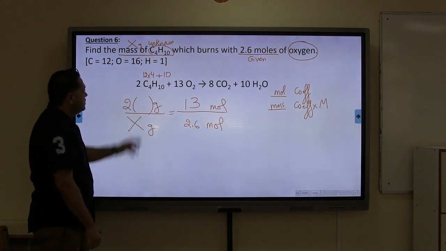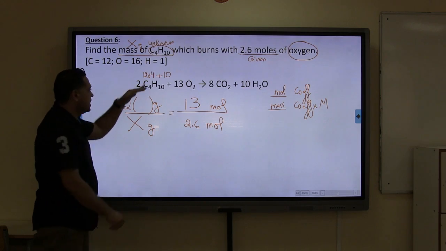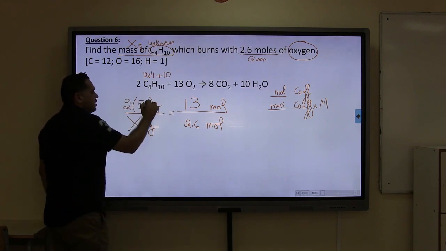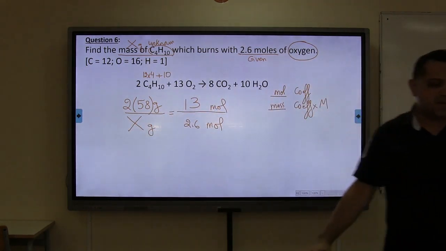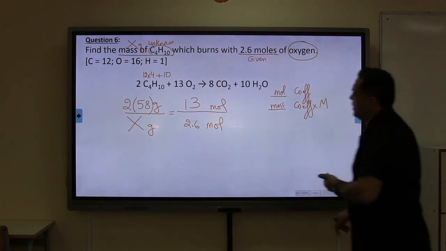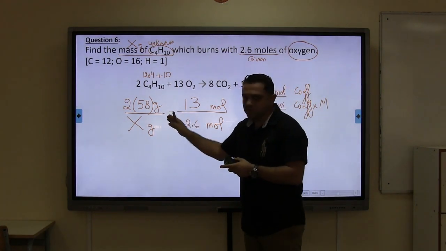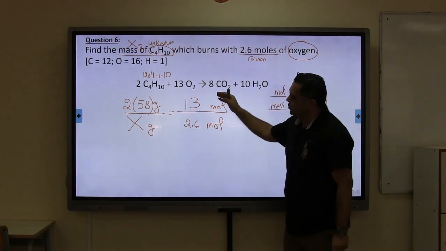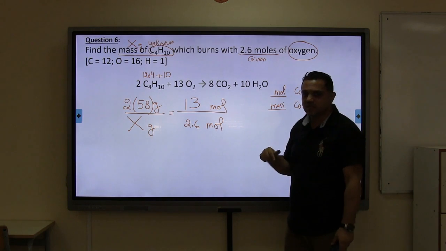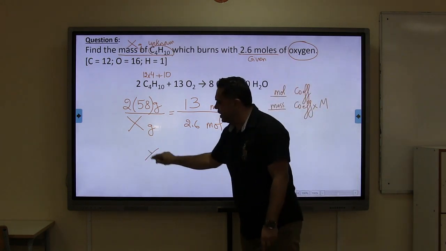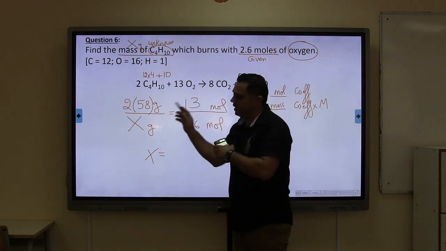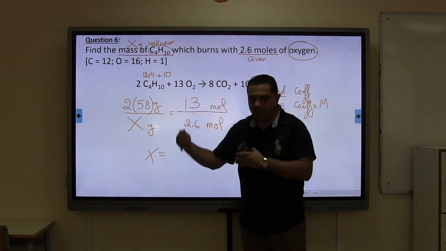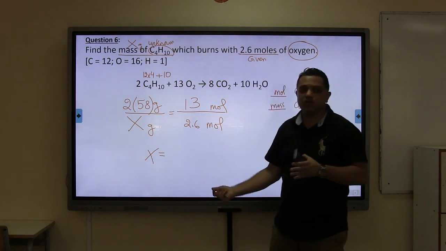So in this case, 12 times 4, plus 10, and the answer will be 58. So in this case, I have the ratio 2 times 58 over X equal to 13 over 2.6. To find X, as I told you, don't solve each ratio alone and then round, and then find your final answer.